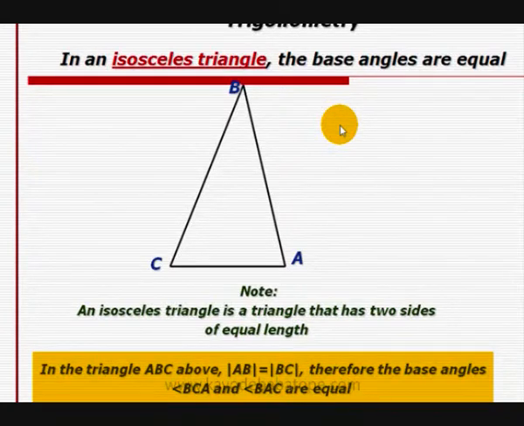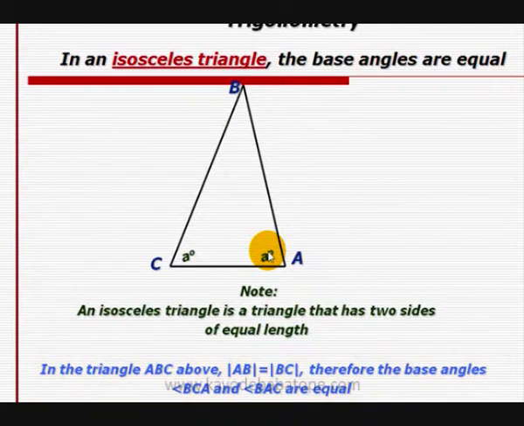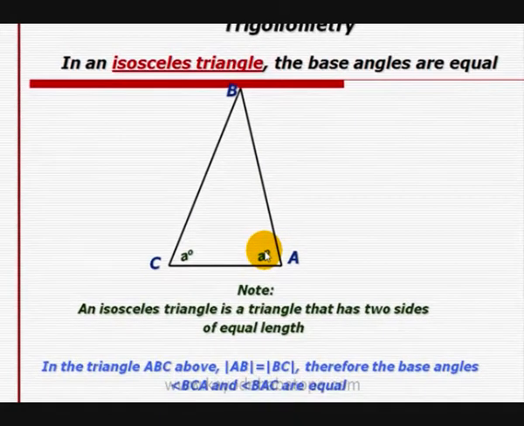Therefore, the base angles, angle ACB and angle CAB, are equal. That is a very important point you need to note: when you have an isosceles triangle, the base angles are equal.